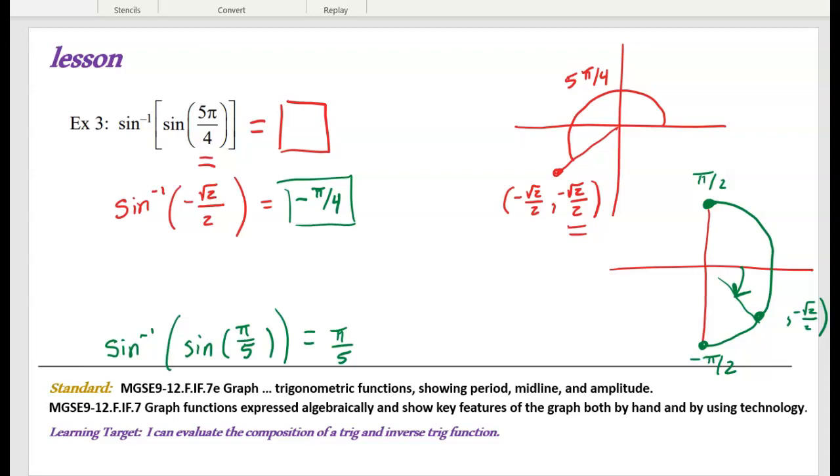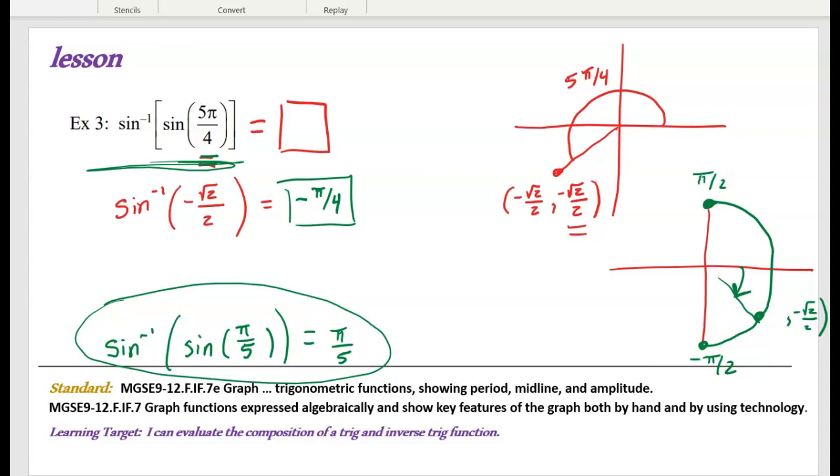Now, if this is 7 pi over 5, I have no idea, right? I would have to do some work, okay? But since 5 pi over 4 is not in the range, I have to actually work this out, okay? So this is a shortcut that only works within the given range. There's no shortcut here. There are patterns, of course, but the answer is not simply the value I started with.